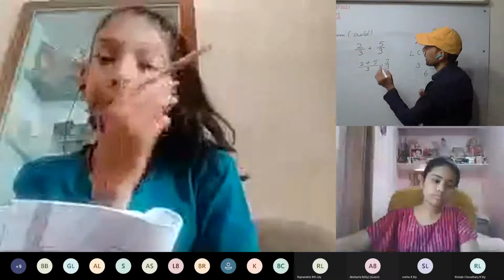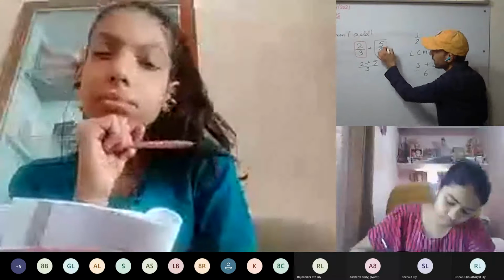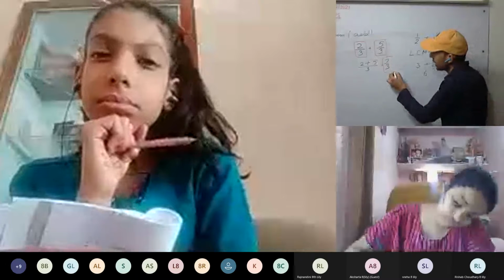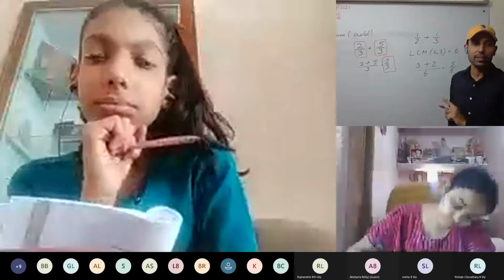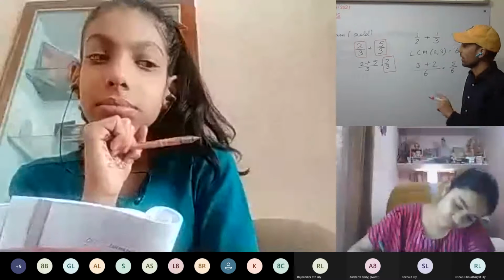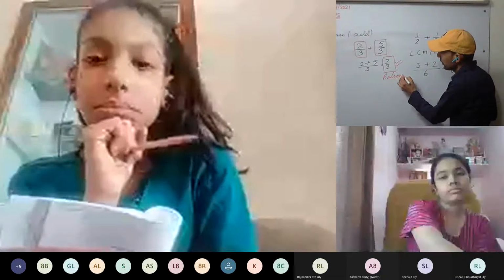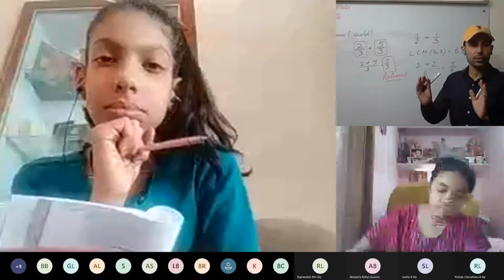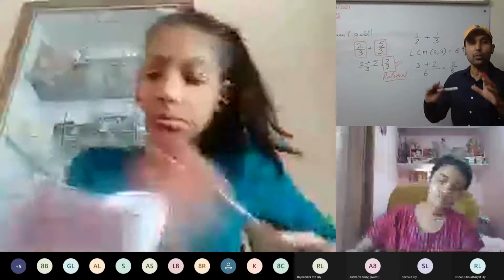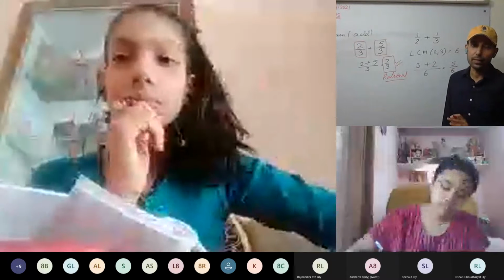For example, 2 by 3 is a rational number, 5 by 3 is a rational number, and we are getting a rational number. We discussed that property, the closure property: the sum of two rational numbers is closed, it is rational. Any number of rational numbers you take, if we add them all, we'll always get a rational number.